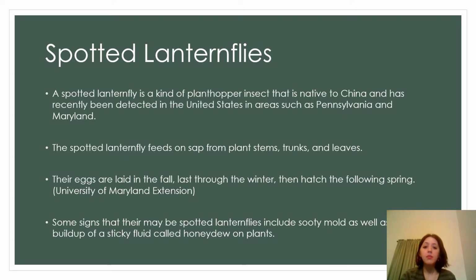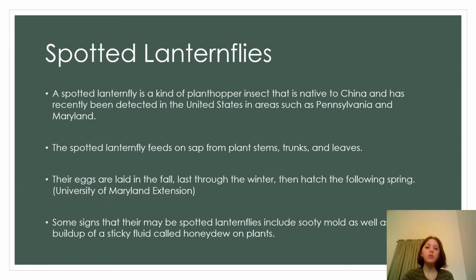It has recently been detected in the United States in areas such as Pennsylvania and Maryland, though it has spread further past these states. The spotted lanternfly feeds on sap from plant stems, trunks, and leaves, which does prove to be harmful for the plant. Their eggs are laid in the fall, they last through the winter, and then they hatch the following spring.